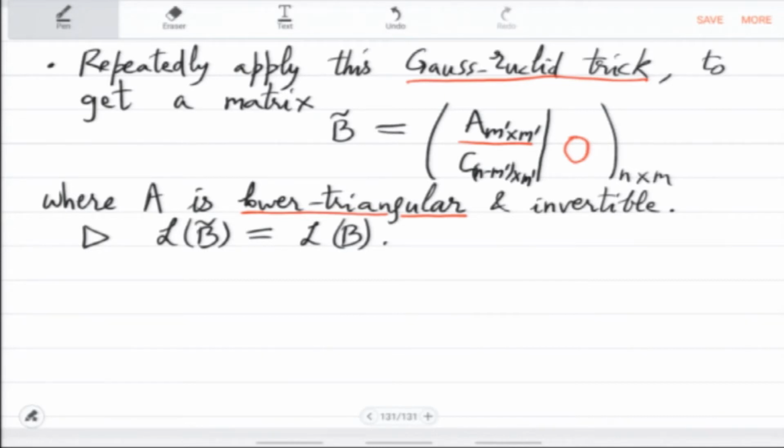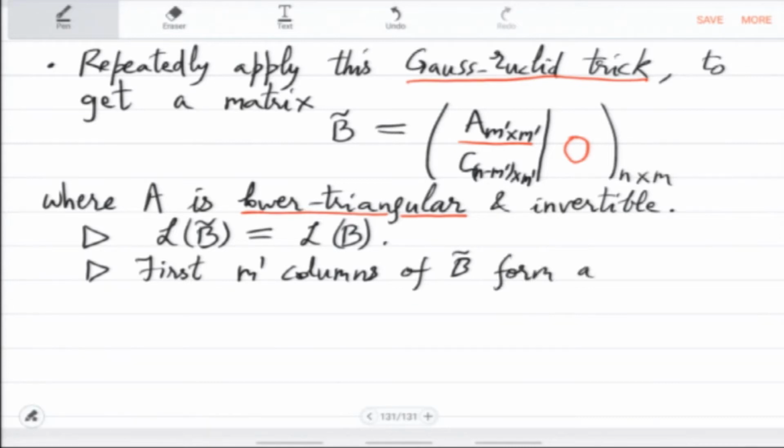Okay, so the rank of this remaining part is m prime. So whatever was the rank of the input vectors, that many vectors you will get. So the first m prime columns form a basis over reals.